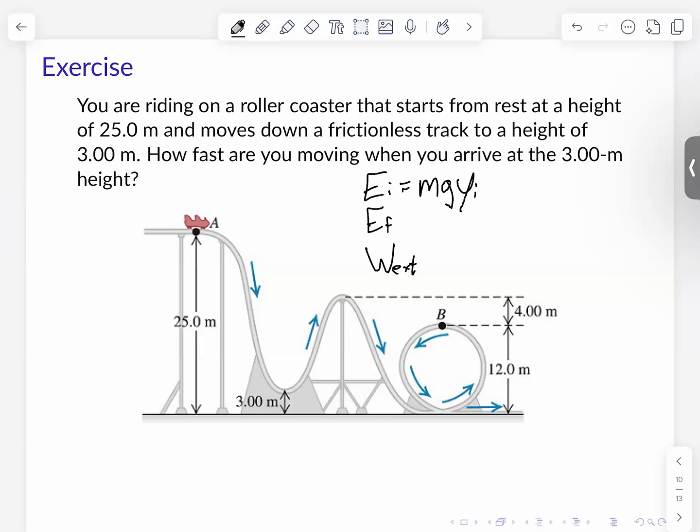There's no disappearing. What's the kinetic energy formula? What's the potential energy formula? There we go. There's the initial. There's the final. Now we just need to consider external forces doing work.